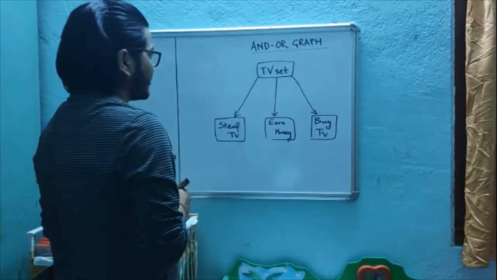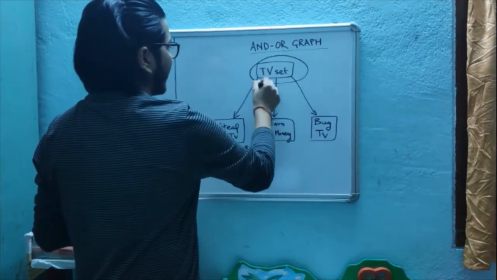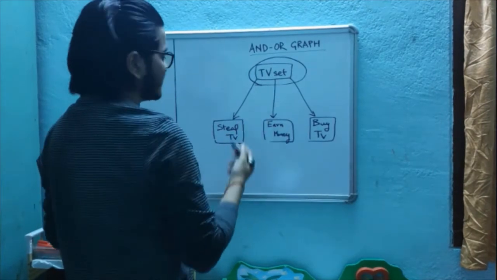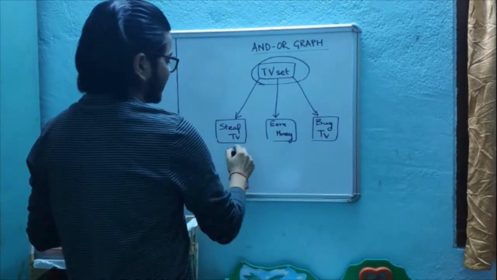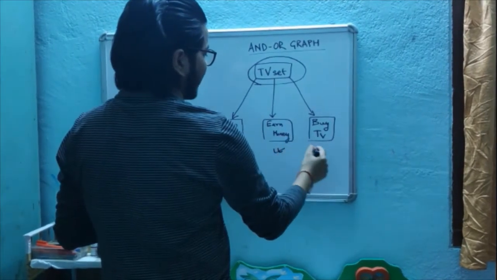Here is an example which shows we have to buy a TV set, and there are three ways by which we can buy a TV set. The first one is stealing a TV, and the second one is earning money and then buying a TV.